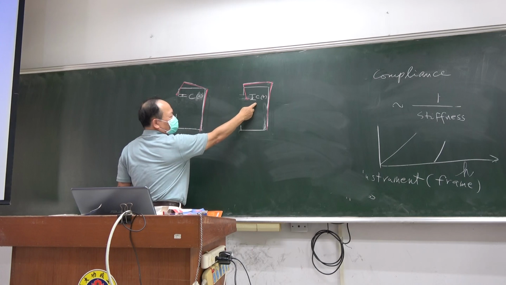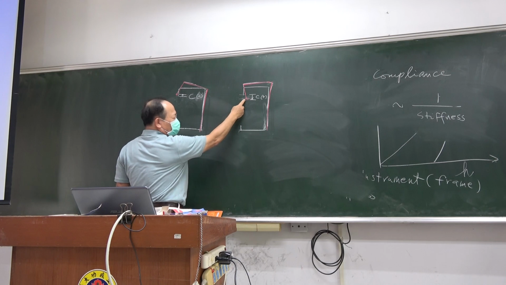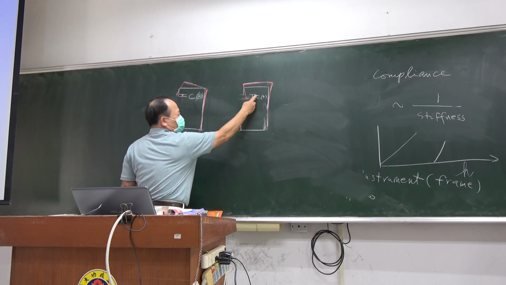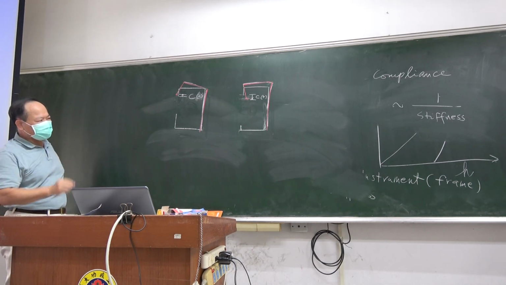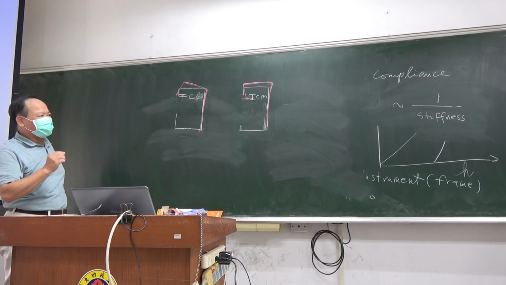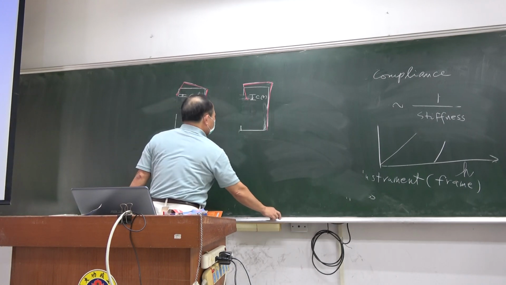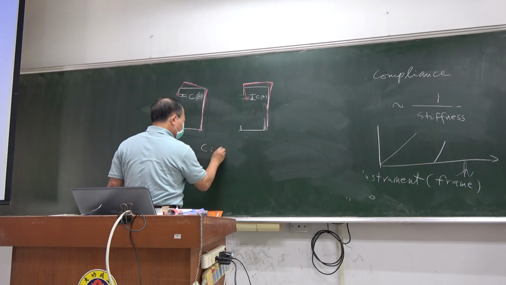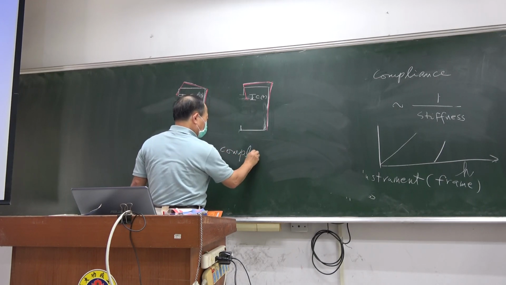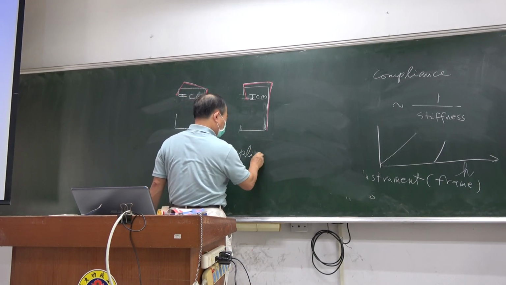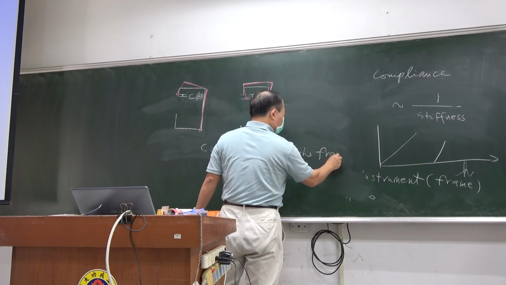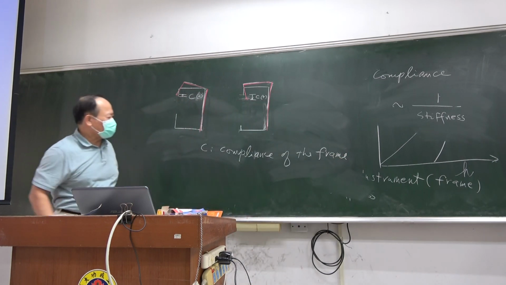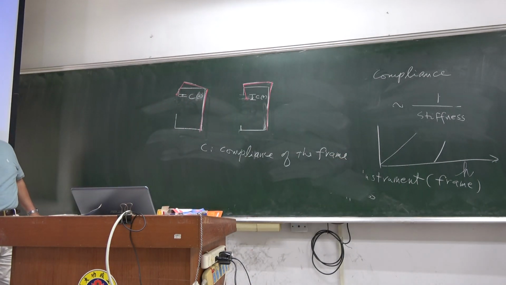If it is moved downward from the white one, moving to the yellow one, red one, in this case we have the values moving downward. In this case, this C value is just the positive value. Okay, so in this case, we have a C. C means the compliance of the frame.